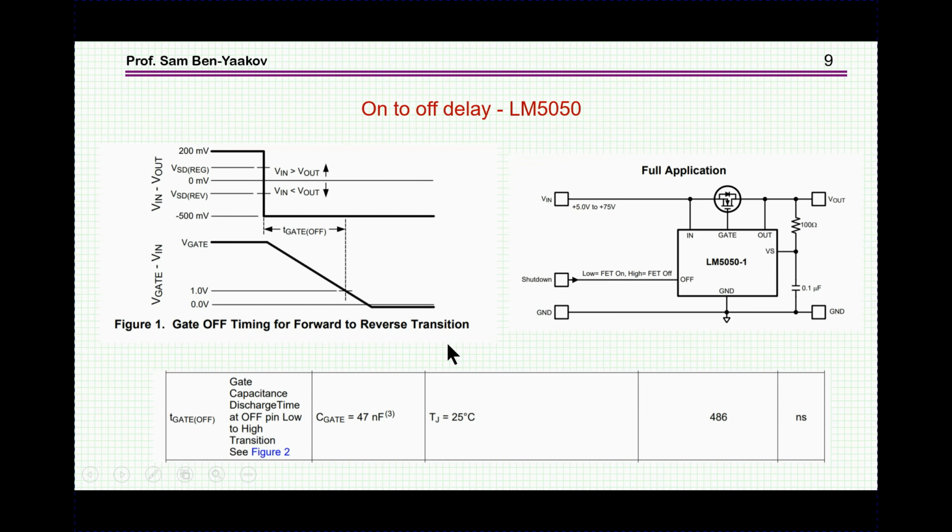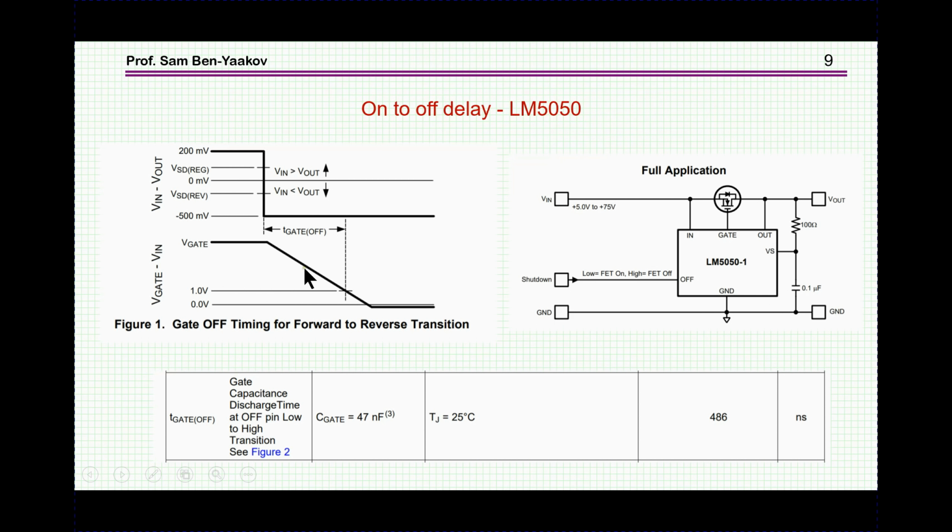Here the manufacturer is showing a sequence in which there is a forward voltage, 200 millivolt, could be higher, and then there is a reversal of polarity to a negative voltage. Here the diode is conducting, and since the gate is high, the transistor is conducting. Now as the voltage flips over and reaches this value, the gate is supposed to be turned off.